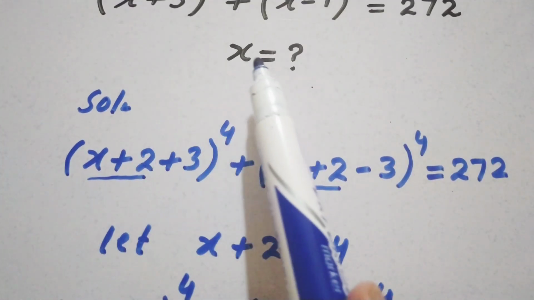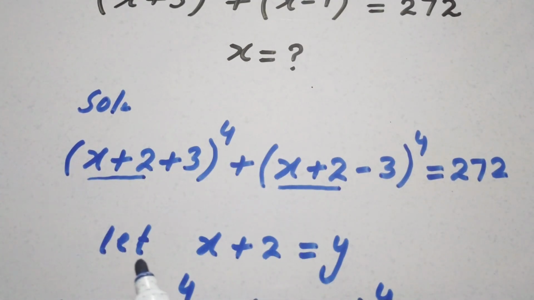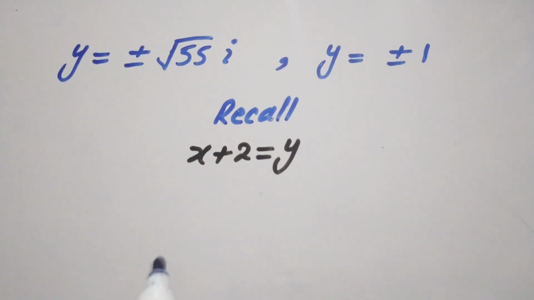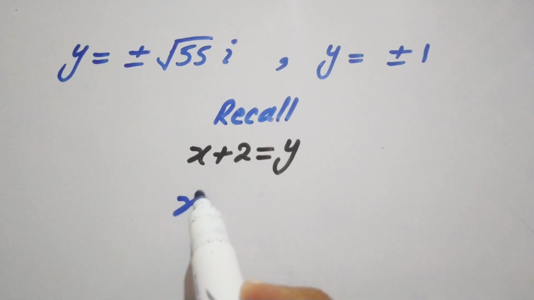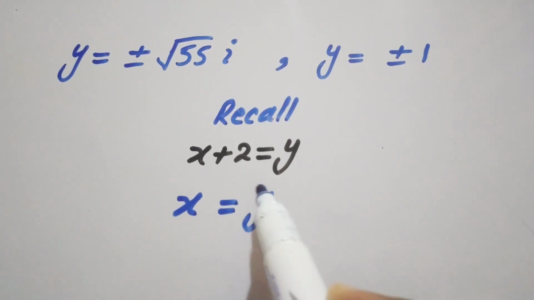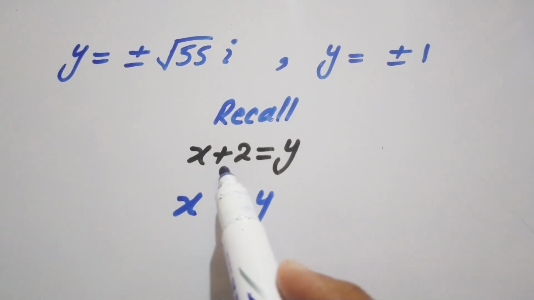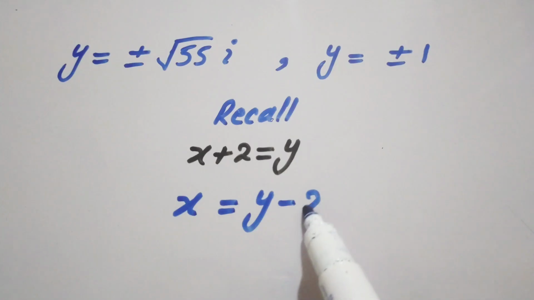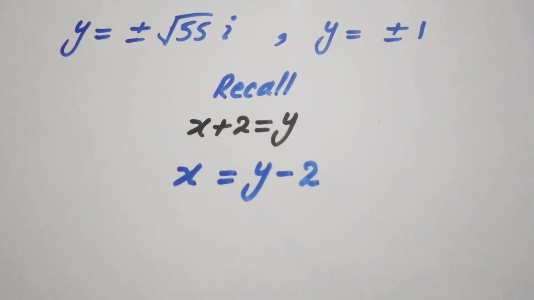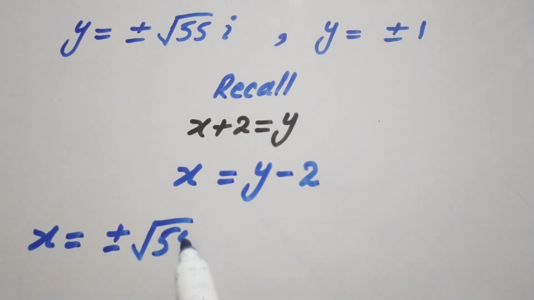Now recall, we are interested to find x and we have supposed that x plus 2 is equal to y. So now here x plus 2 is equal to y. When we move plus 2 from the left hand side to the right hand side, this will become negative 2. So x is equal to y minus 2. Here x is equal to y, which is plus minus square root of 55i, minus 2.